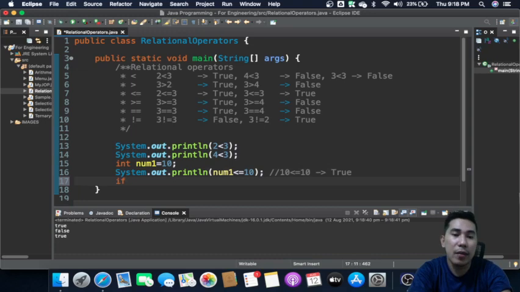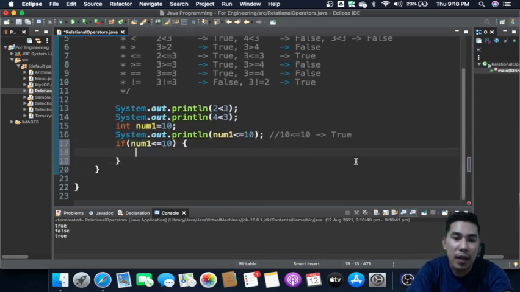Say you have a condition saying that if num1 is less than or equal to 10, you can read this as: based on what we have right here, the value of num1 is 10, and we have num1 less than or equal to 10, and the display, the answer, is actually true when it is evaluated. So similarly, this would give us true.